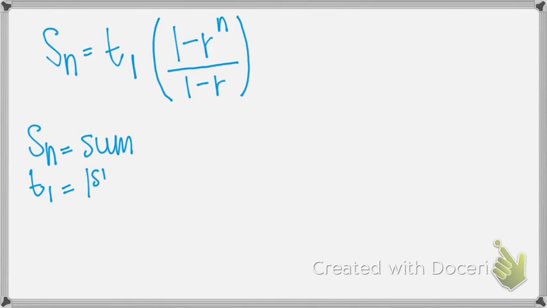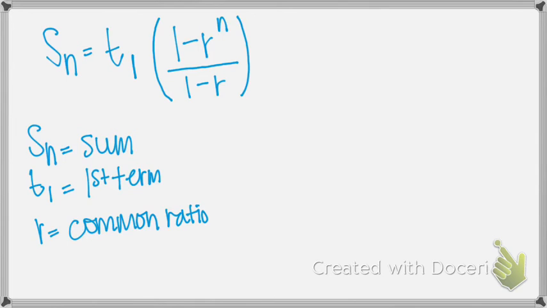T1 equals first term. R equals the common ratio. And n equals number of terms.